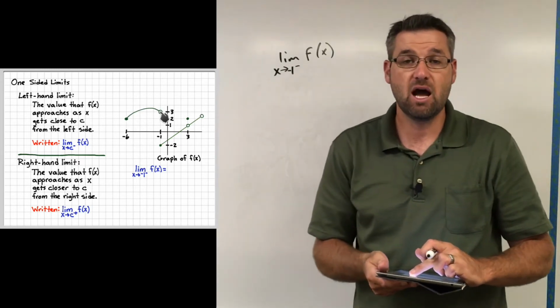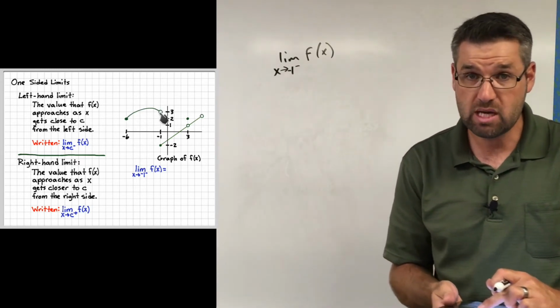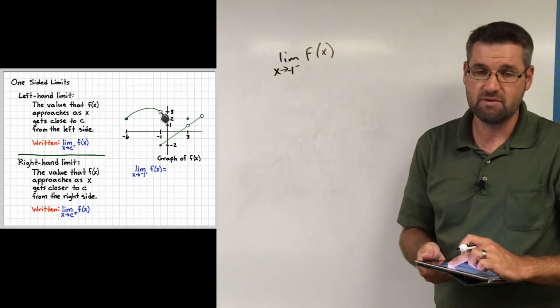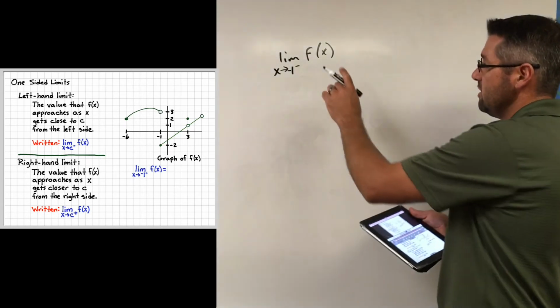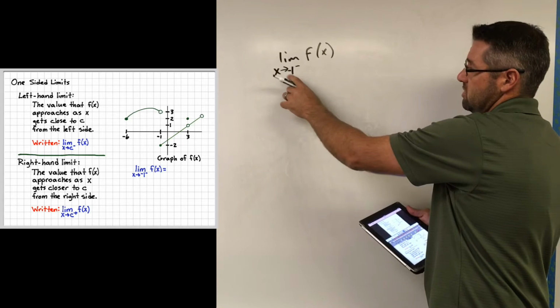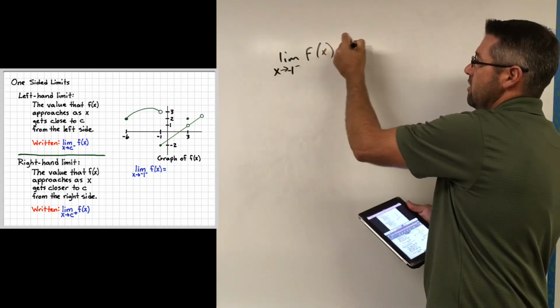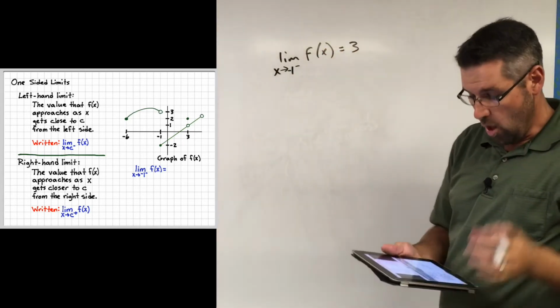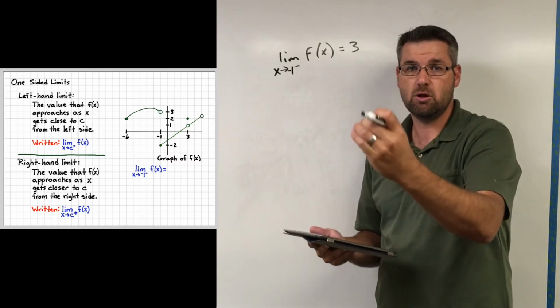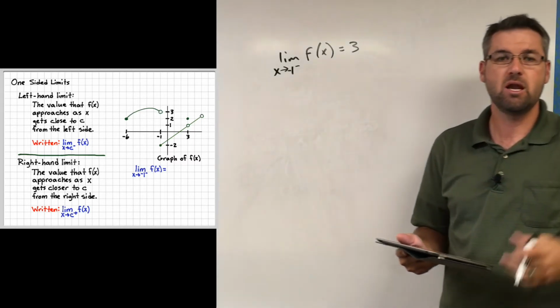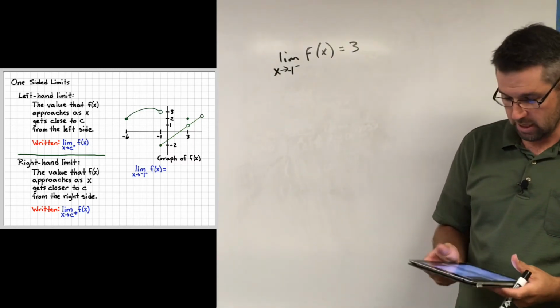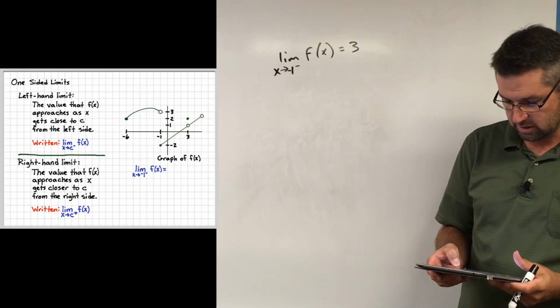The function is not 3 there. We're not saying that f of negative 1 is 3. We're saying the limit as x approaches negative 1 from the left is 3. Okay? What is it getting closer and closer to? What's it inching towards? Not what is it actually touching. Remember that open circle means does not exist there.